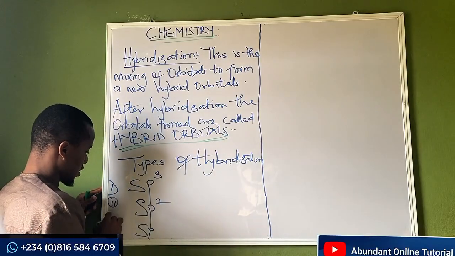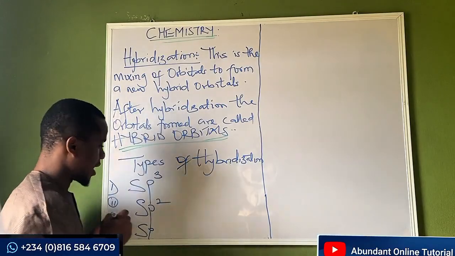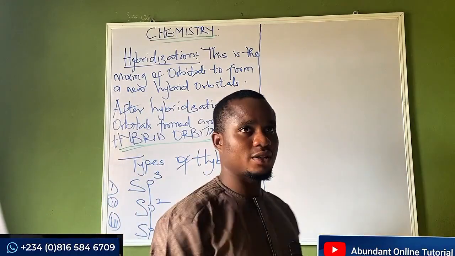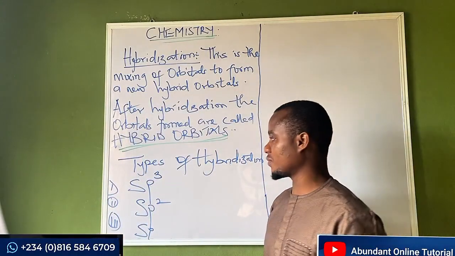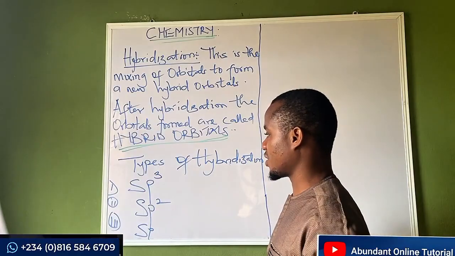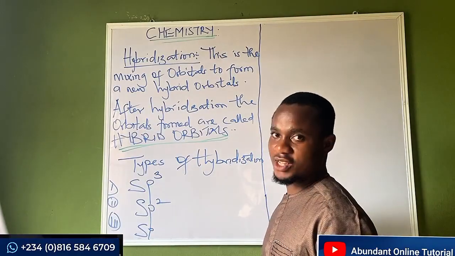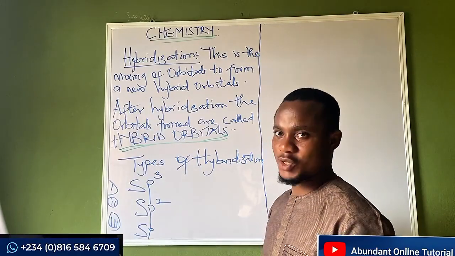These are the major hybridizations that we have. We have the sp3 hybridization, the sp2 hybridization, and we also have the sp.